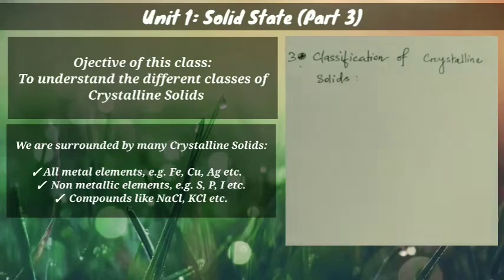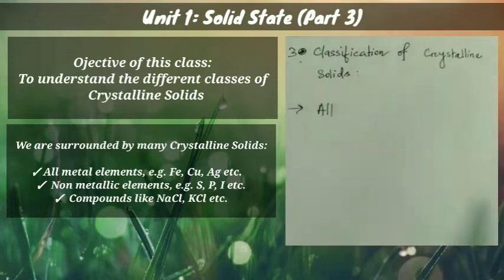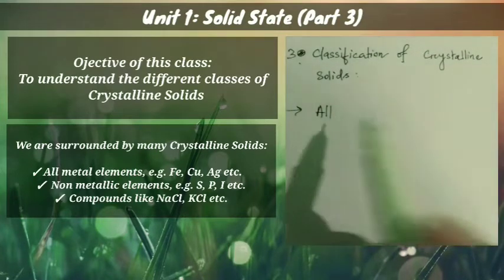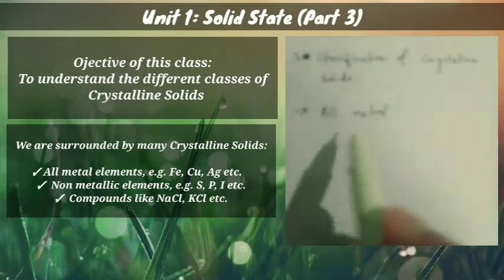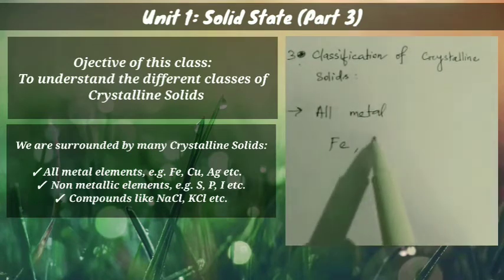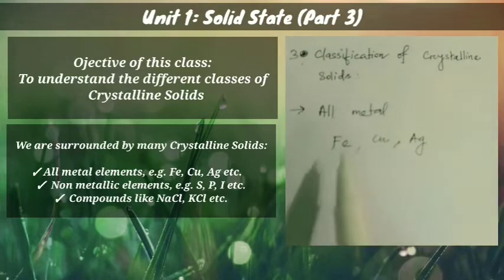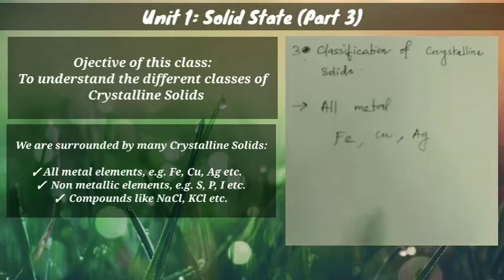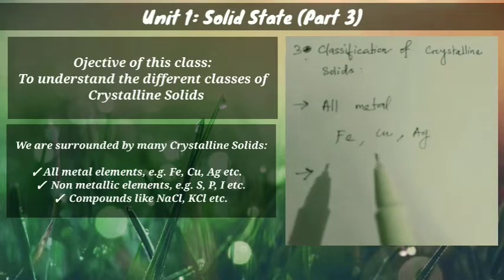They may be amorphous solids, or they may be crystalline solids, but most solid substances are crystalline in nature, mainly all metallic elements like iron, copper, silver, which exhibit metallic nature. Similarly, there are also some non-metallic elements, like sulfur.